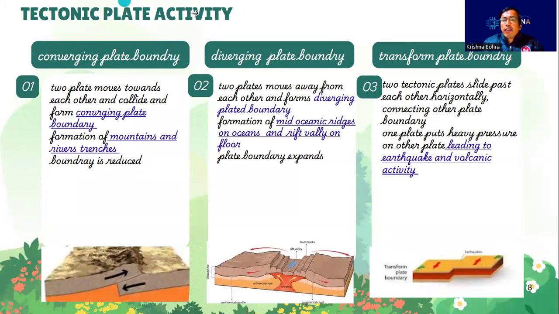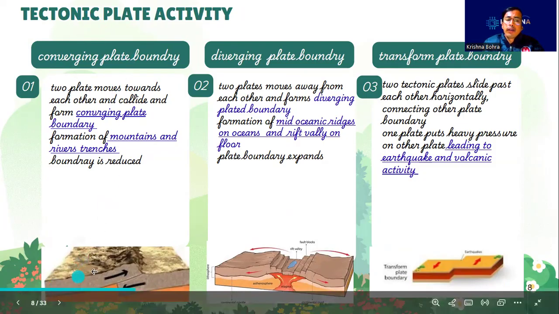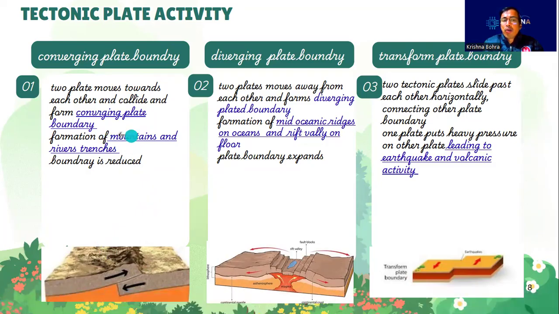Tectonic plate activity can broadly be classified into three categories. One is the converging plate boundary. When two tectonic plates are moving towards each other, having similar density, they collide and form a structure we call mountains.